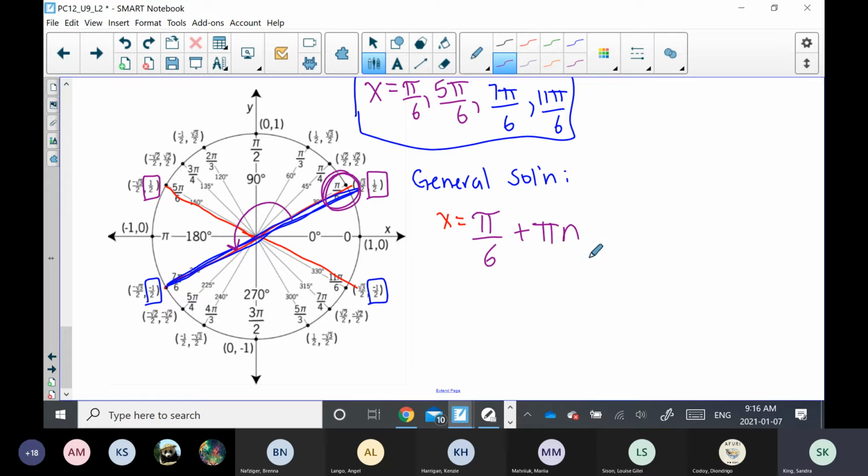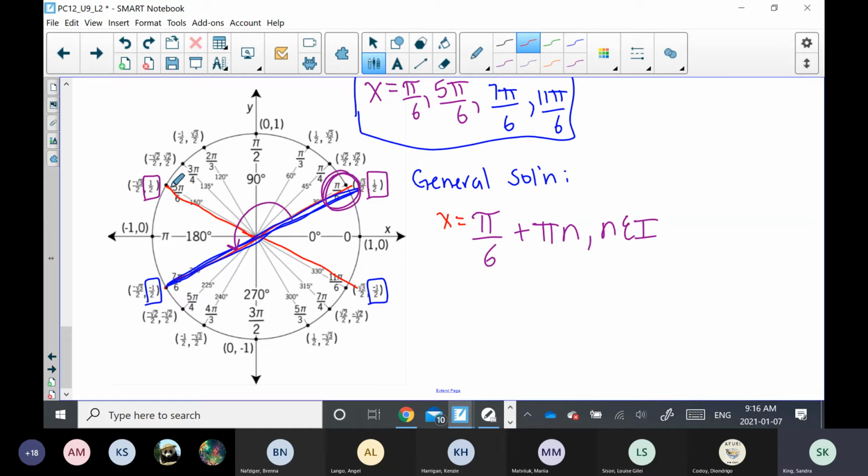So you're going to add pi n. And then again, from here, 7 pi over 6, if I add another pi, I get back. And if I keep adding pi, I'm going to stay on this blue line. So that is one of my general solutions. And I say n belongs to the element of integers.